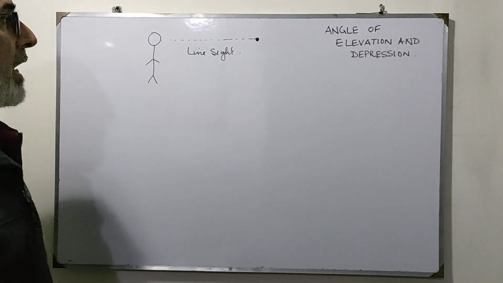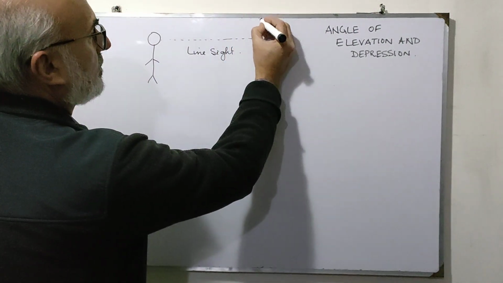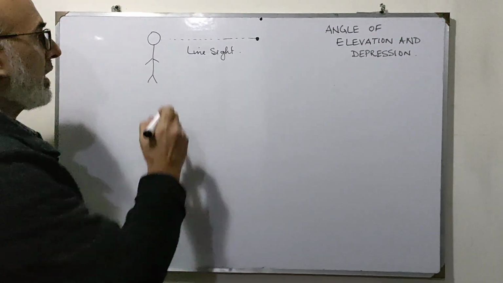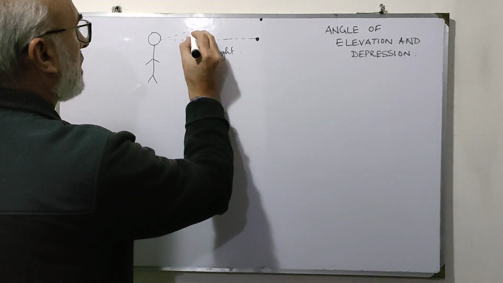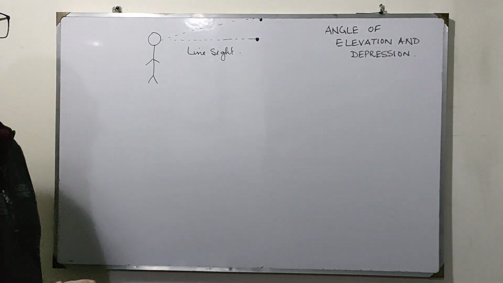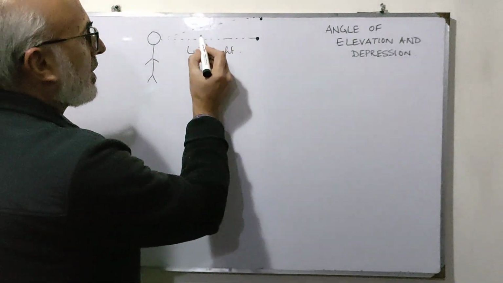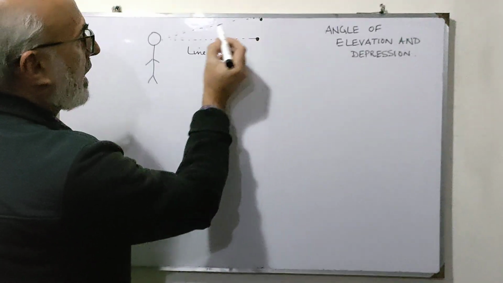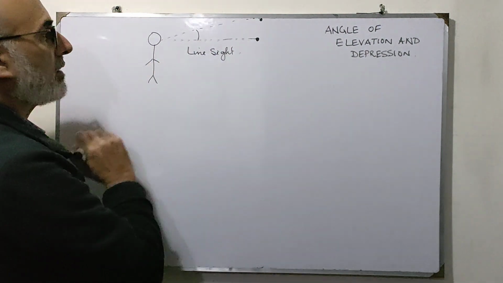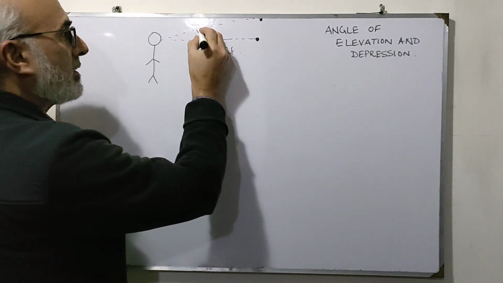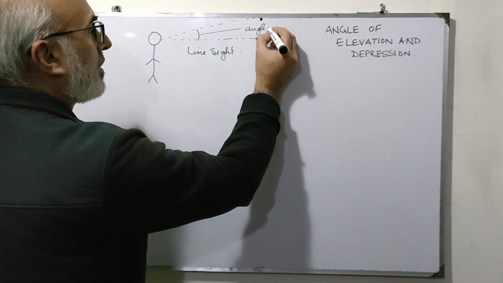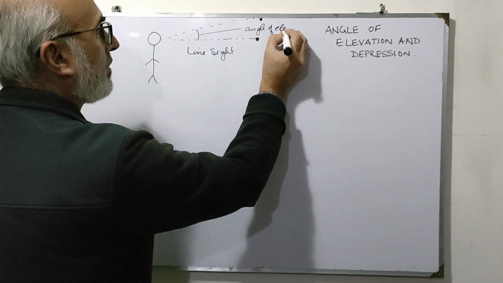If the object is above the line of sight, it is making an angle with the line of sight, and this angle is called the angle of elevation.